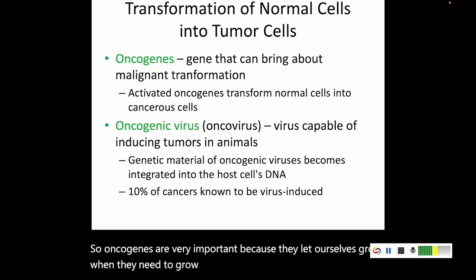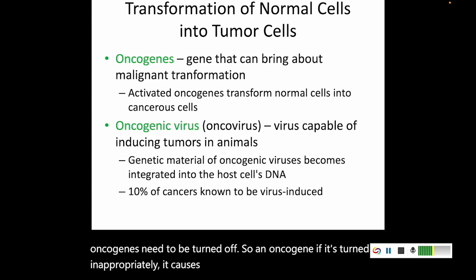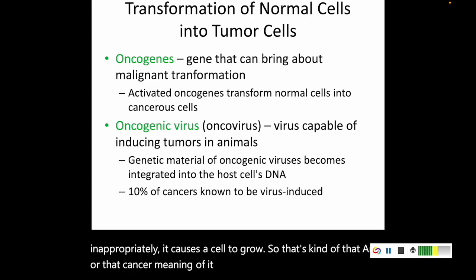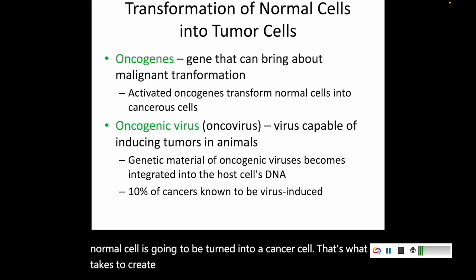But when they don't need to grow, those oncogenes need to be turned off. So an oncogene, if it's turned on inappropriately, it causes a cell to grow. So that's kind of that onco or that cancer meaning of it. So if an oncogene is activated, a normal cell is going to be turned into a cancer cell. That's what it takes to create cancer. So an oncovirus or an oncogenic virus is a virus that can activate an oncogene.